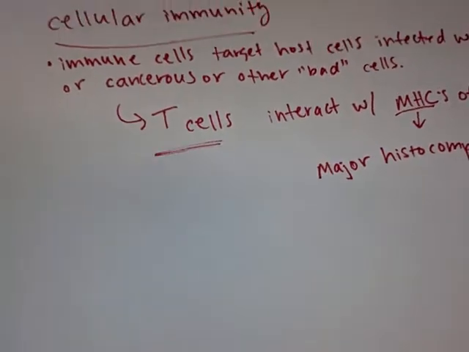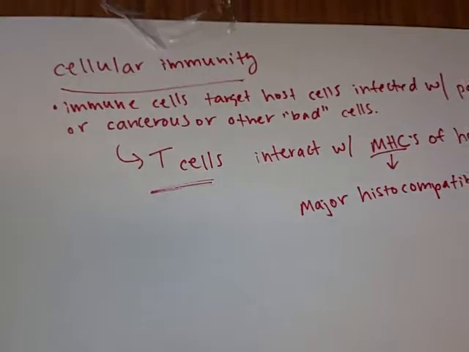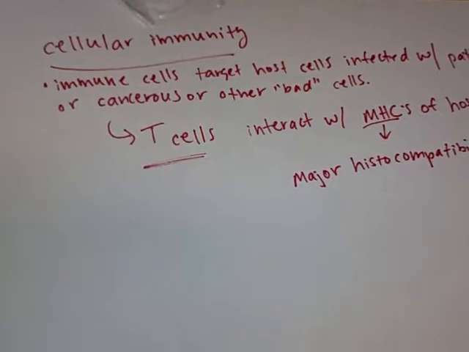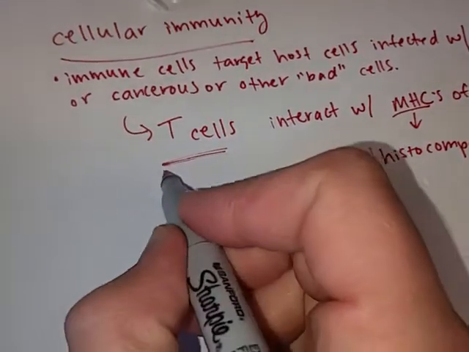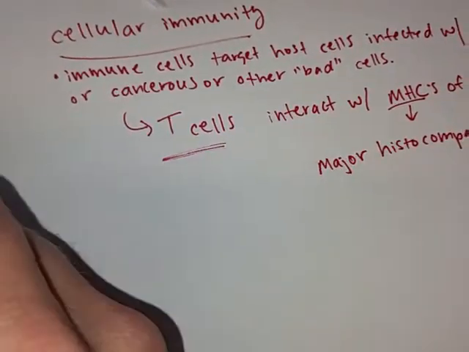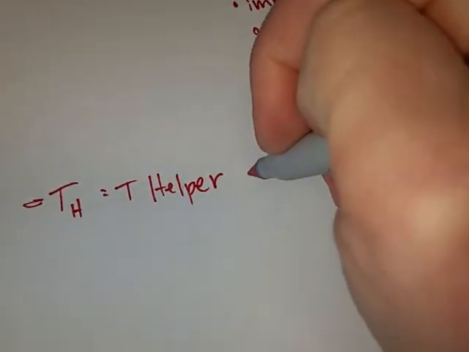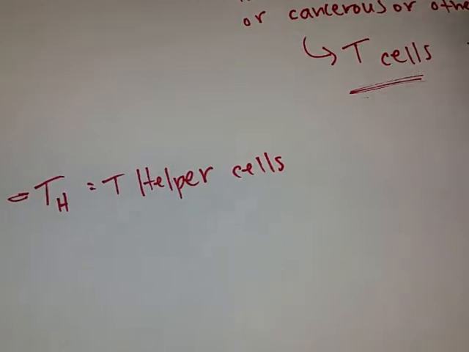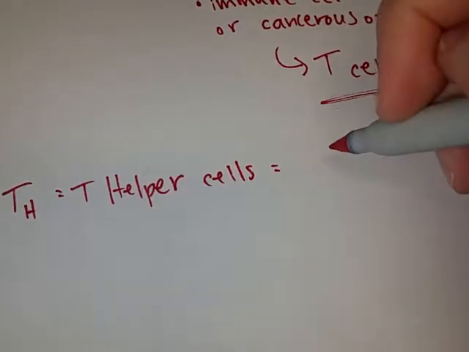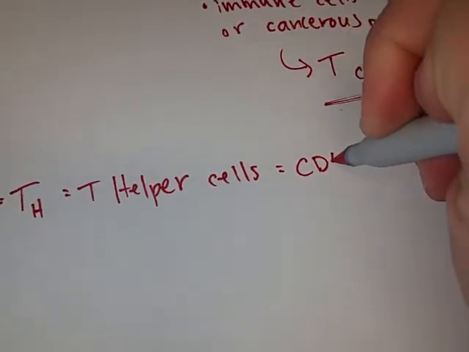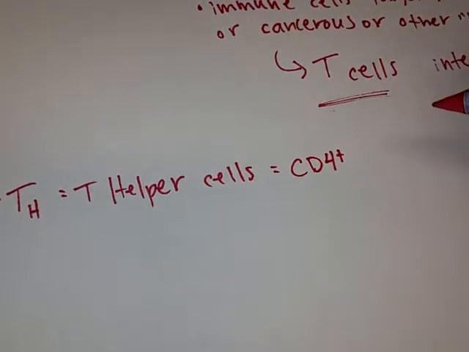So anyways, in this section we're going to go ahead and talk about two types of T cells. So the first one is going to be, let's put them over here, T helper cells. These are also called CD4 cells, CD4 plus cells.